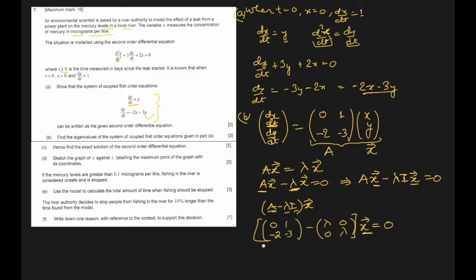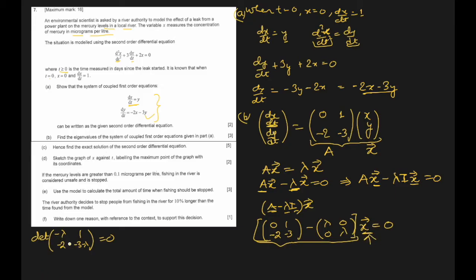The vector cannot be 0, that means the determinant of this part will be 0. Determinant of 0 minus lambda is minus lambda. 1 minus 0 is 1. Minus 2 minus 0 is minus 2. Minus 3 minus lambda. This will be equal to 0.